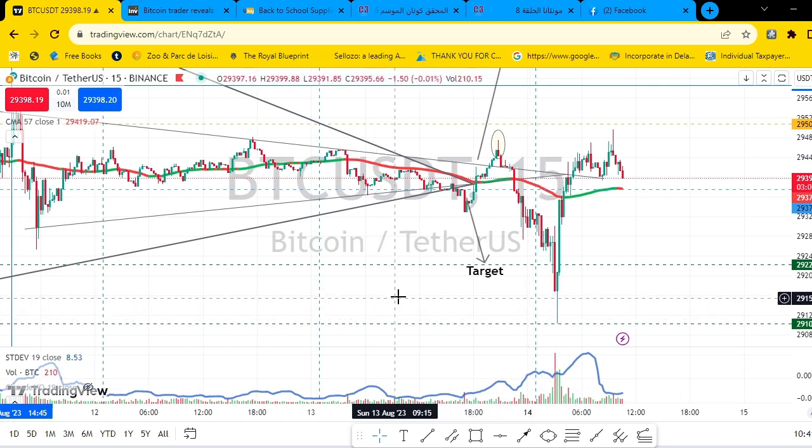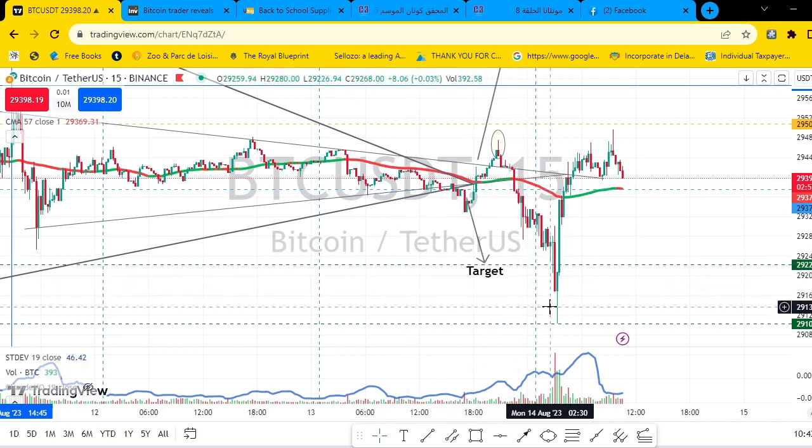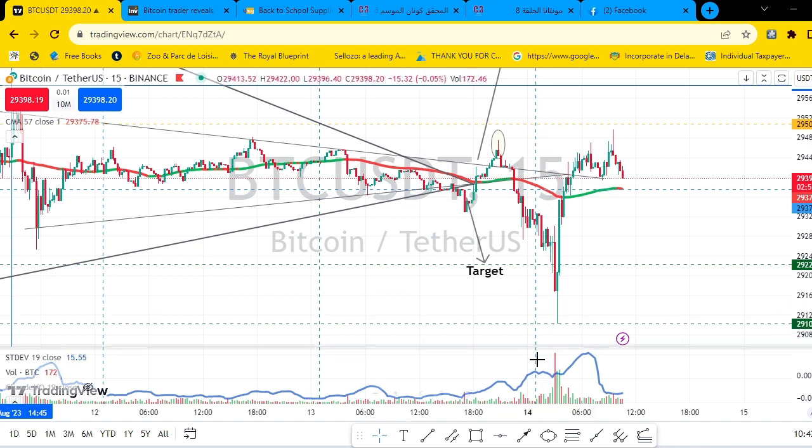Actually, most of the time, currency, cryptocurrency, or Bitcoin especially make huge moves in the Asian session. You can see that.